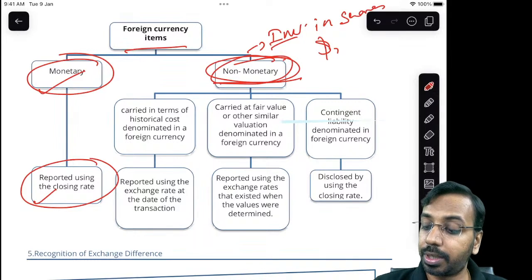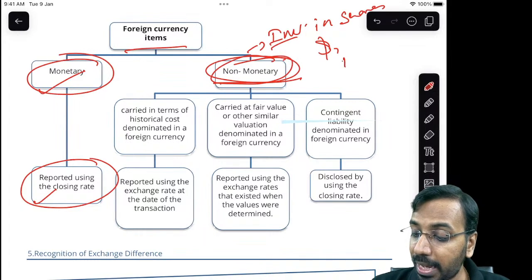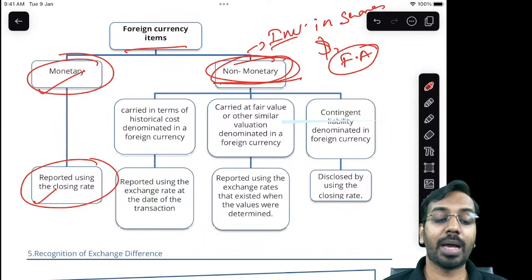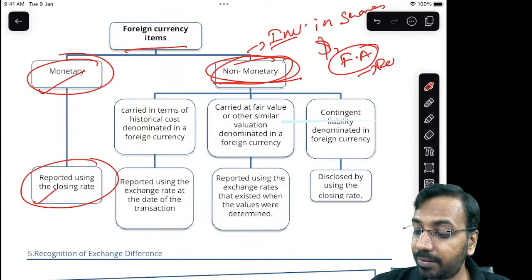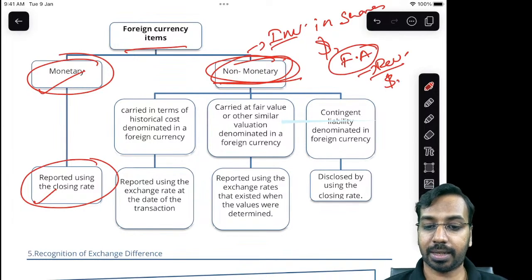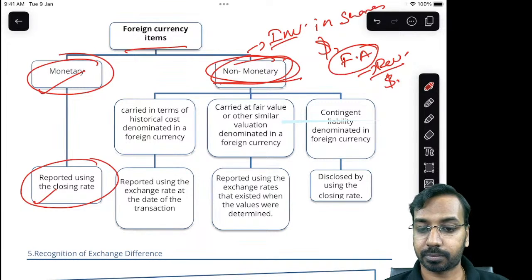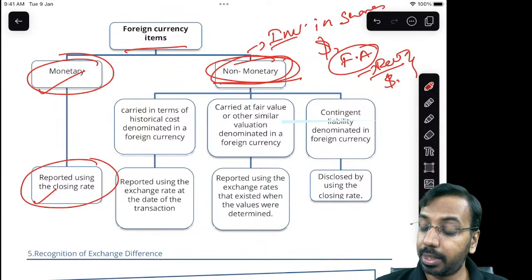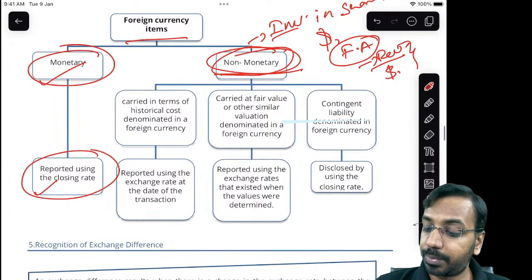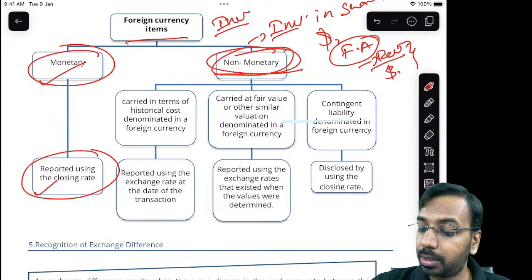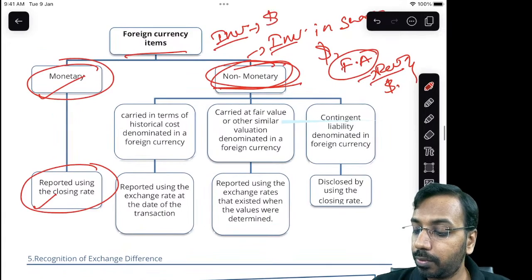That is a non-monetary item. Or you may have a fixed asset using the revaluation model. You need dollars for that. Or you may have something like an inventory, crude, which is valued in dollars.